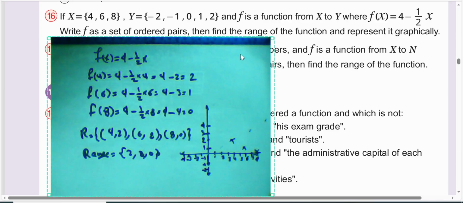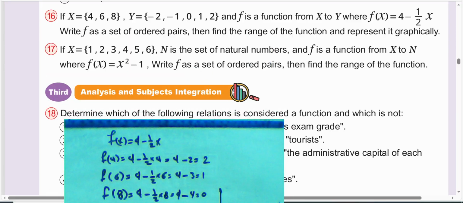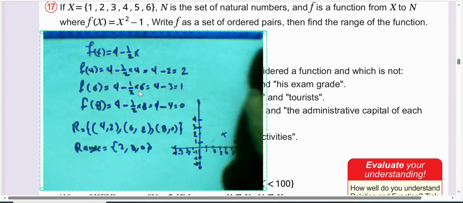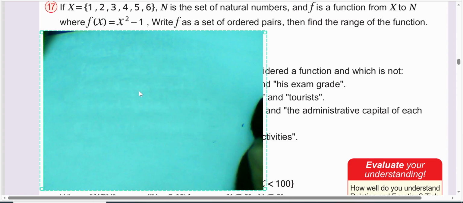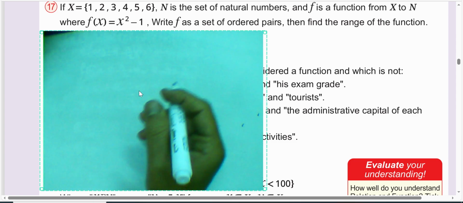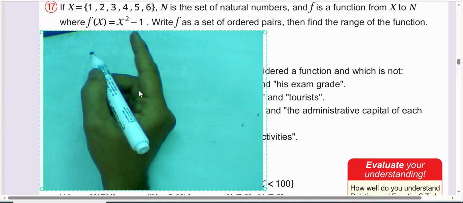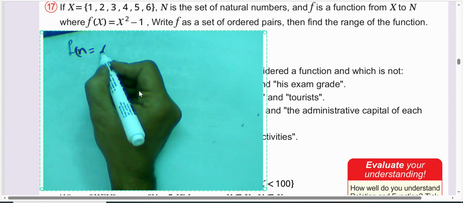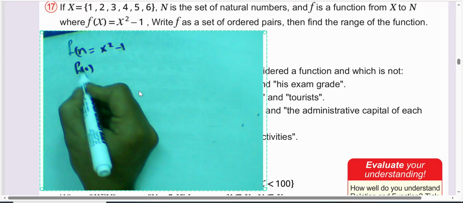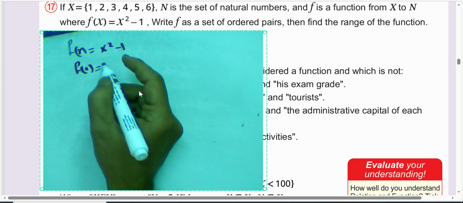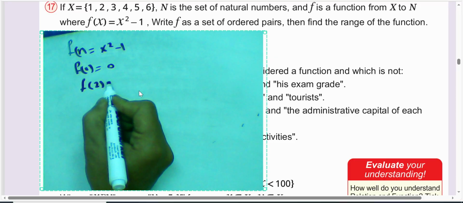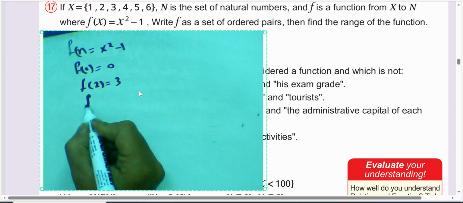Okay, next question, number 17. If x is from 1 to 6 and n is the set of natural numbers, write f as a set of ordered pairs and find the range of the function. Start from f of 1. We know f of x was x power 2 minus 1. Then f of 1: 1 power 2 is 1, 1 minus 1 equals 0. And f of 2, 2 power 2 is 4, 4 minus 1 equals 3.